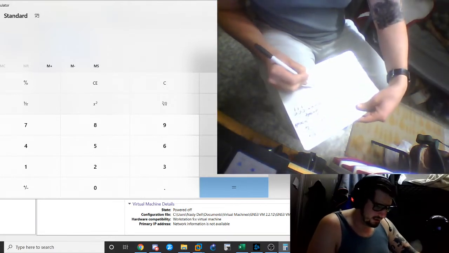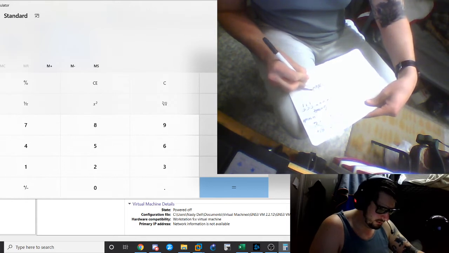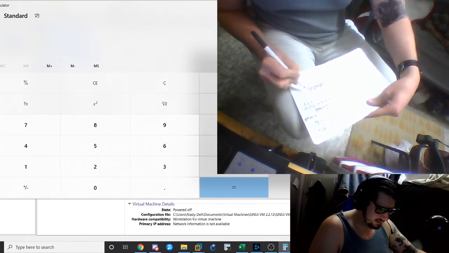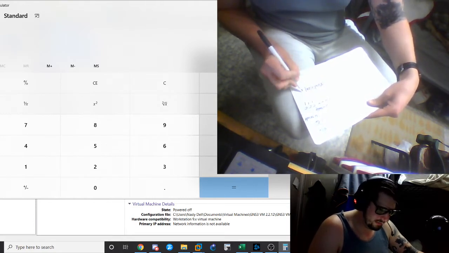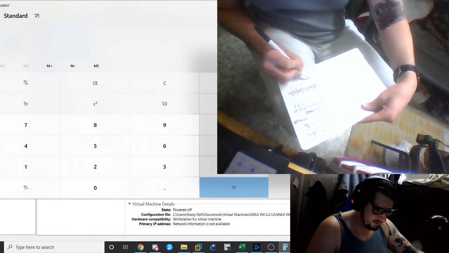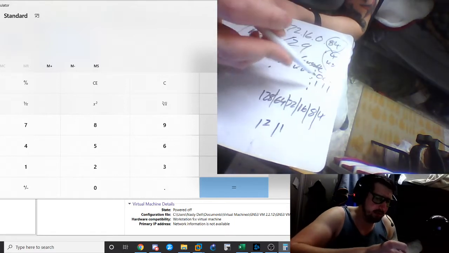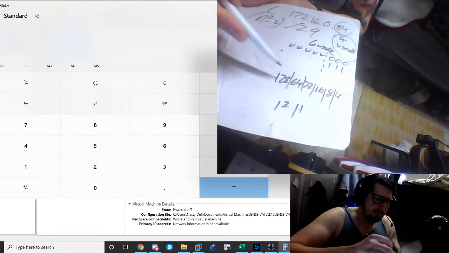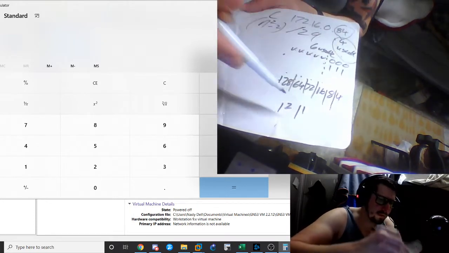So this is how it goes: 128, 64, 32, 16, 8, 4, 2, 1. These little indicators I made, followed by these three, symbolize these. So we start with 128, 64, 32, 16, 8, 4, 2, and then 1.